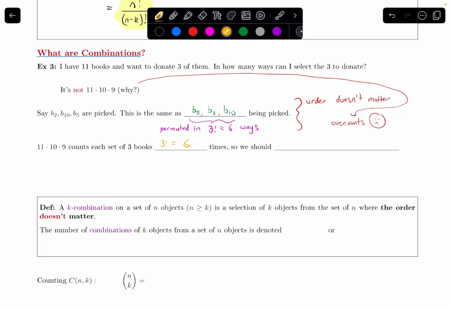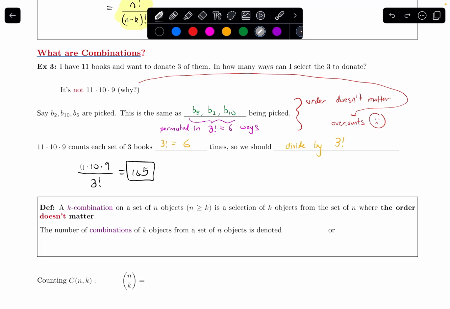So to fix this, we should divide by 3 factorial. That'll fix the overcounting for us. So if I do that, I'll get 11 times 10 times 9, and now I divide by 3 factorial. That's how much I overcounted by. If I work this out, it turns out we get 165. And that's my answer.